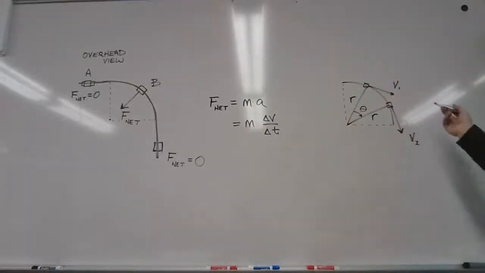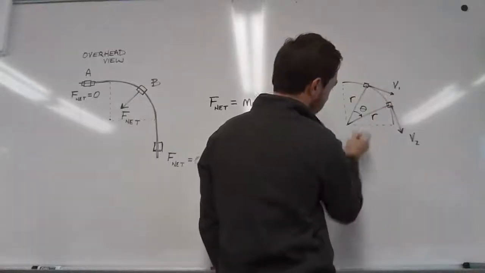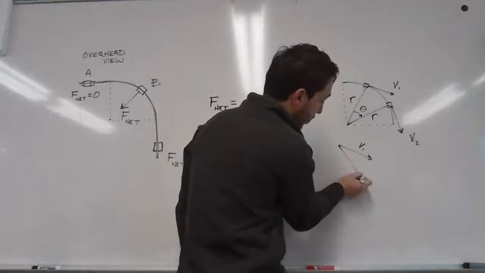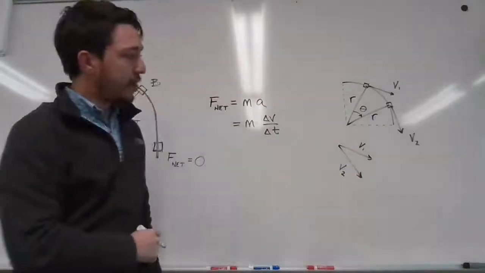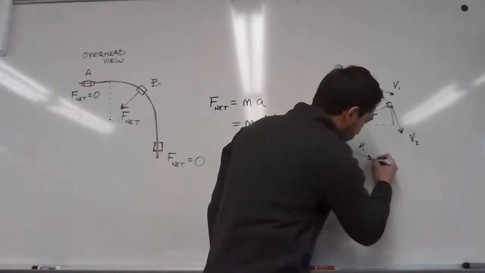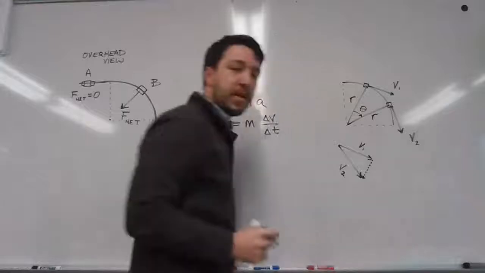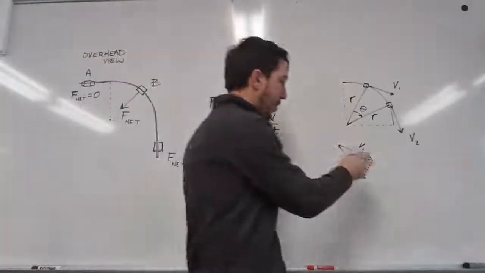So, cut to the chase here. These two vectors, vector 1 and vector 2, I'm going to draw them together like they're buddies, into a triangle. We didn't spend a ton of time on vector analysis, so you probably don't know this one.